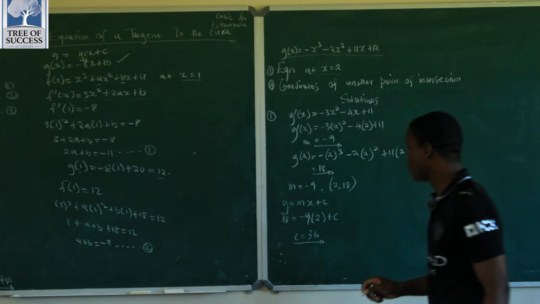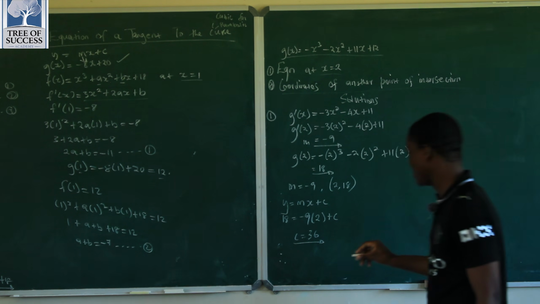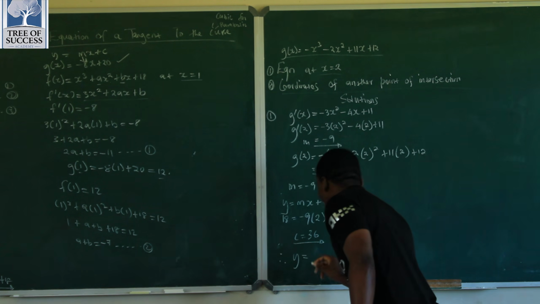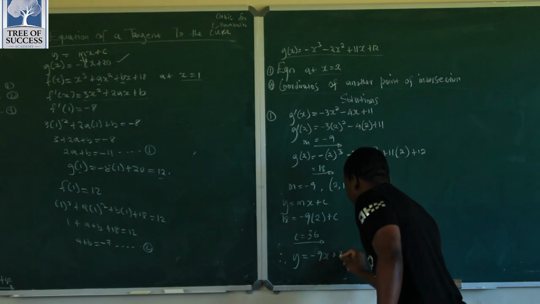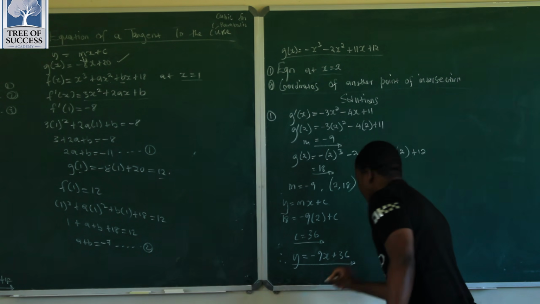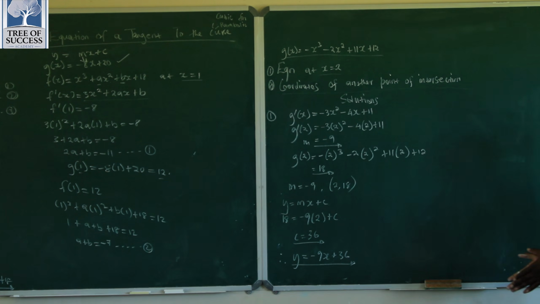Therefore, the equation of our tangent will be y equals to negative 9x plus 36, right? Actually, the first question basically was to determine the equation of a tangent at x equals to 2.